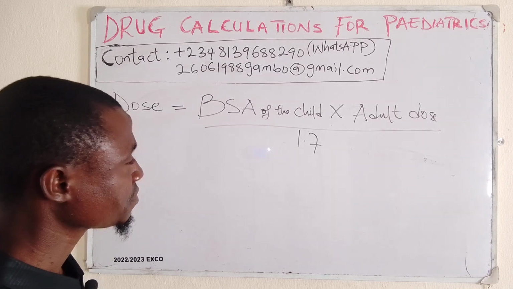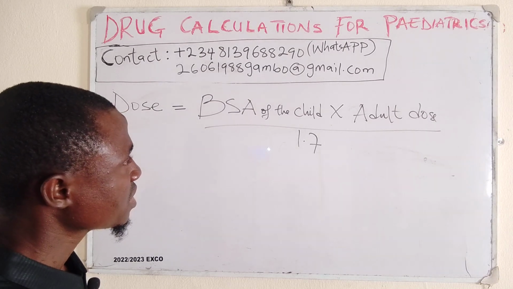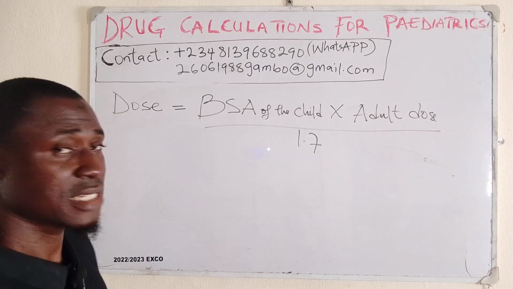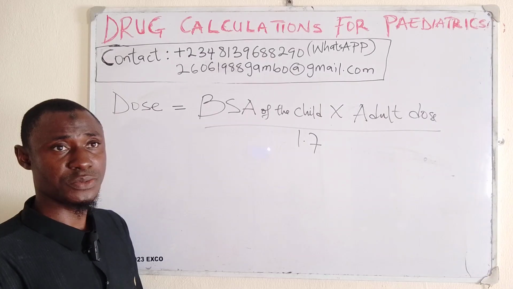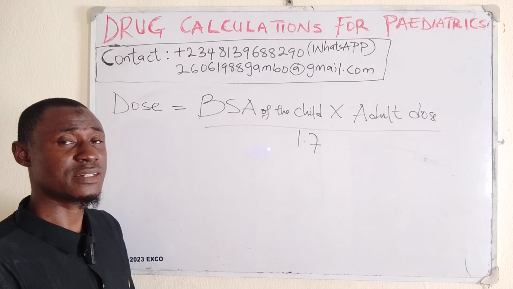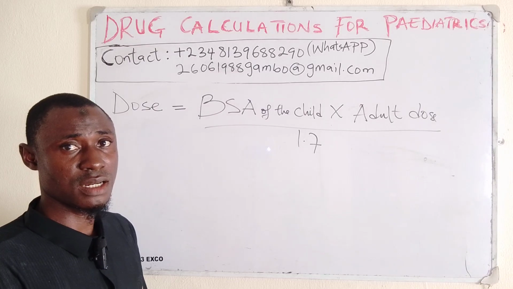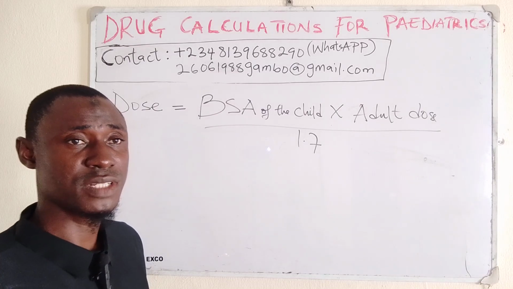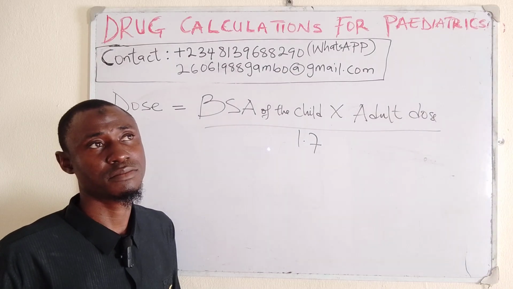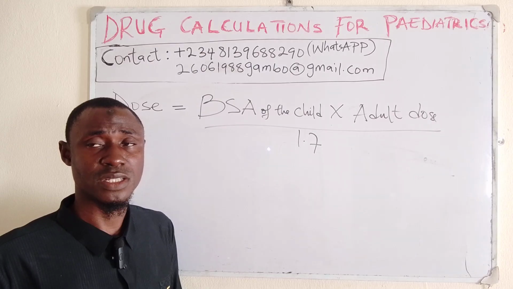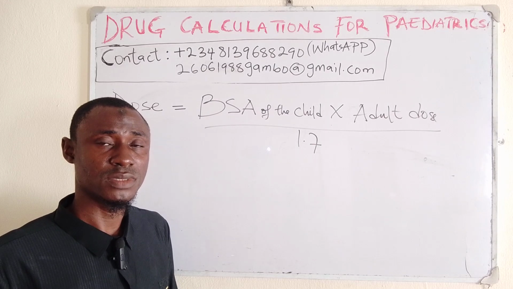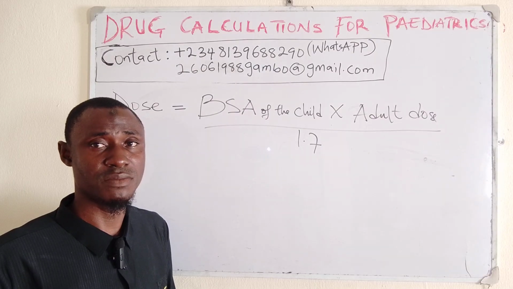But please take note. We have said previously that the weight-based rule seems to be the universally acceptable rule. We don't have any discrepancies or counter arguments on the acceptability of the weight-based rules. Every healthcare professional who is charged with the responsibility of administering drugs accepts the weight-based rules.